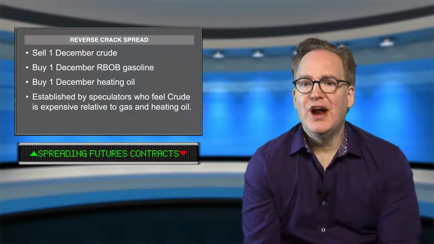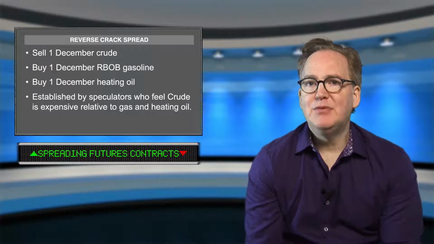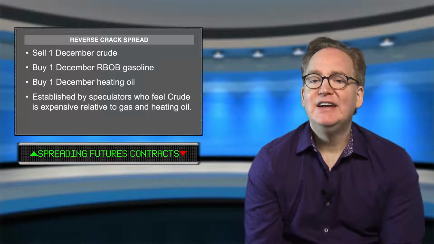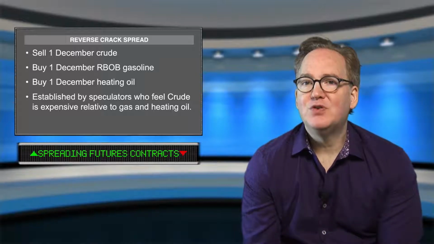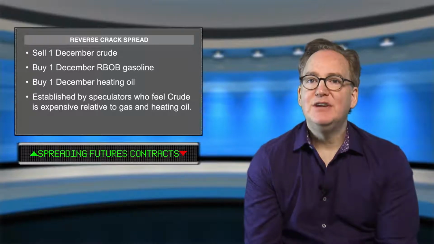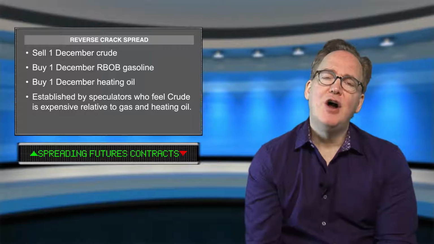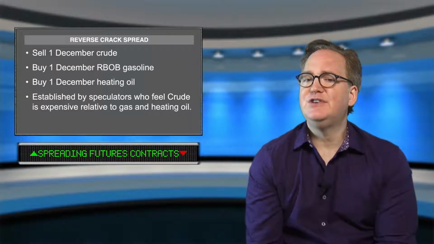The reverse crack spread can be used by someone who feels that perhaps crude oil is expensive relative to the refined products, or the refined products are cheap relative to crude.